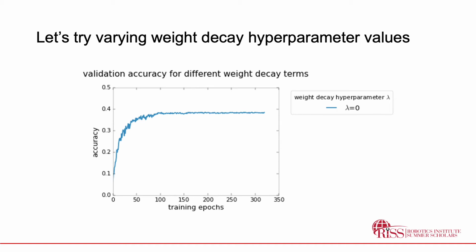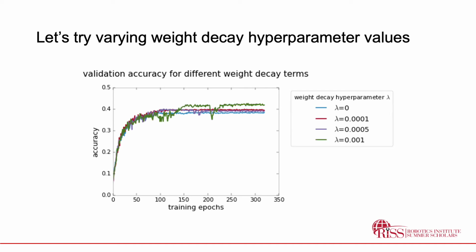Here, we start by training a model with no weight decay at all. Then, we add a weight decay with the hyperparameter 0.0001. We can see that the validation accuracy is getting higher. We increase the lambda further, which is the hyperparameter, and we can see that the validation accuracy keeps getting higher as we increase the lambda.